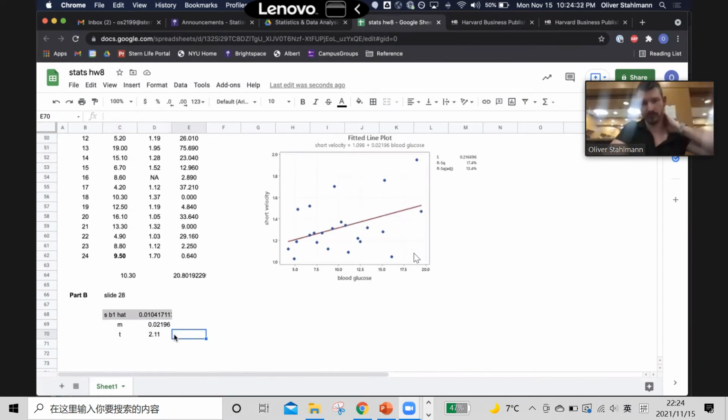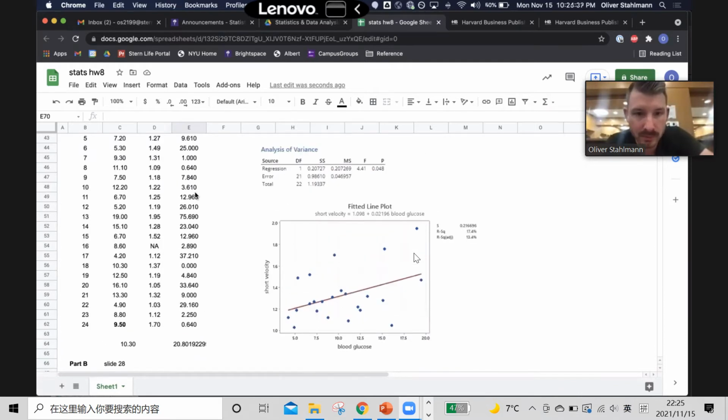And to tell you good news, if you are doing the regression analysis using Minitab, the software gives you a t-value automatically. I don't know where that is, but you should have it.